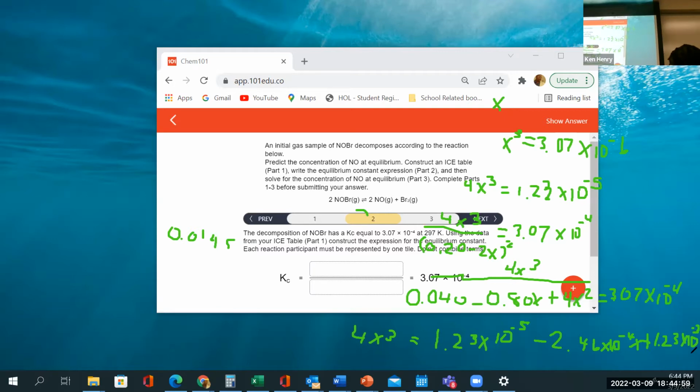I ran out of x squared. Okay, so then I have 4x cubed minus 1.23 times 10 to the minus 3 x squared.